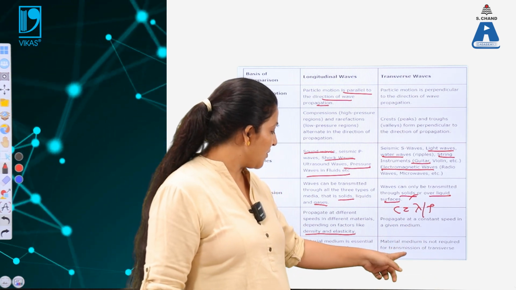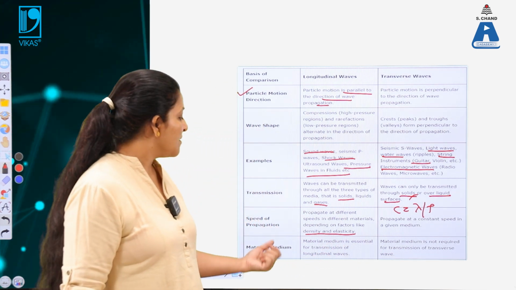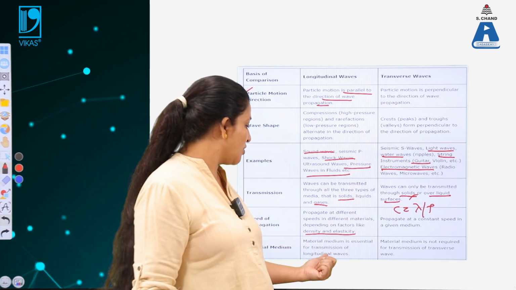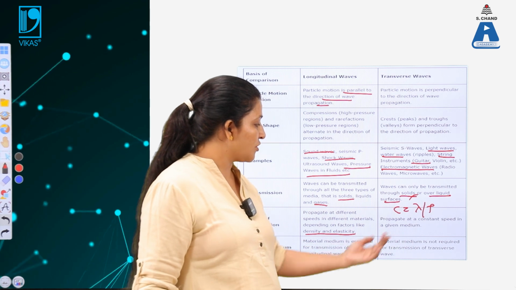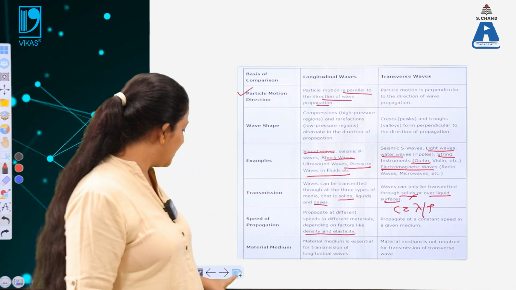This is the main example for that, while sound is not possible to propagate in a vacuum. So a material medium is required for the propagation of longitudinal waves, while for transverse waves there is no requirement of a material medium. So these are the differences between the longitudinal wave and the transverse wave.